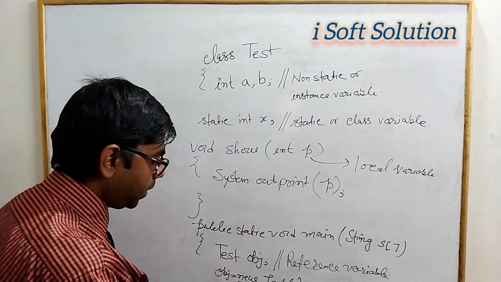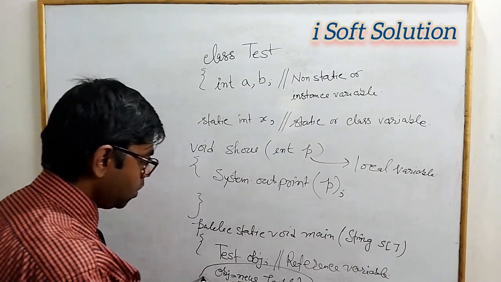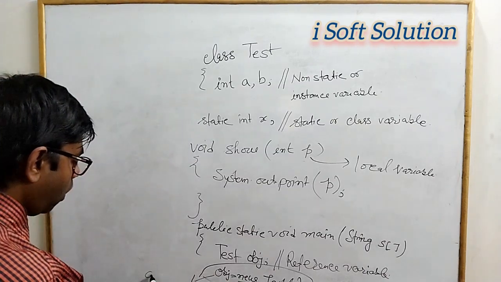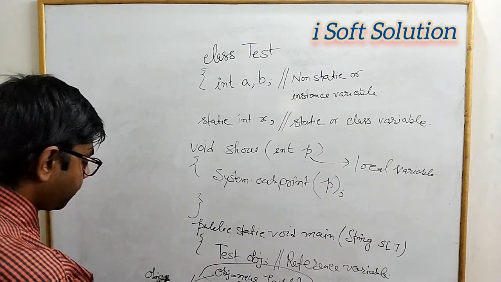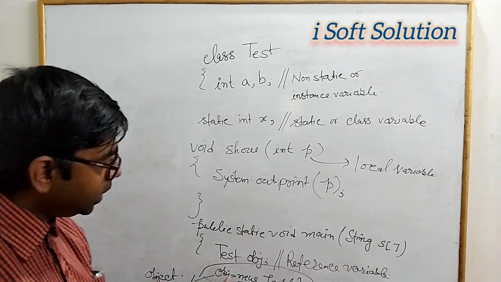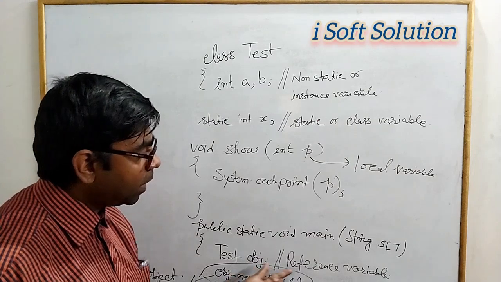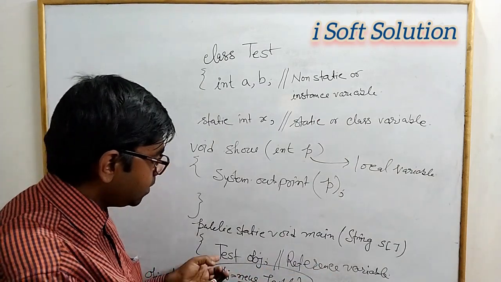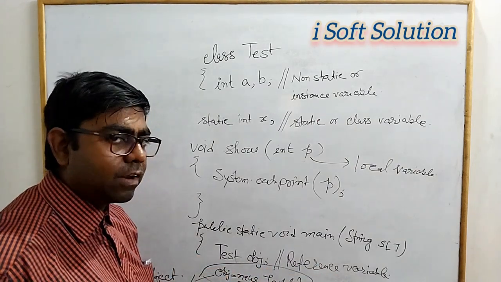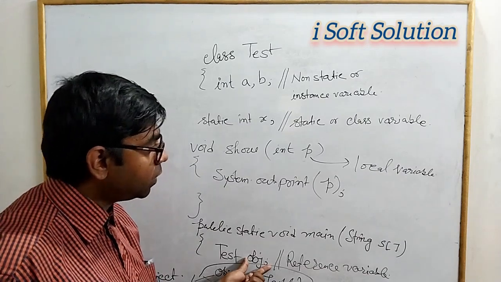So in this statement, obj is the object. So before writing this statement, obj is the reference variable because test is the class, and as you know that class is the reference data type, so obj is the reference variable.